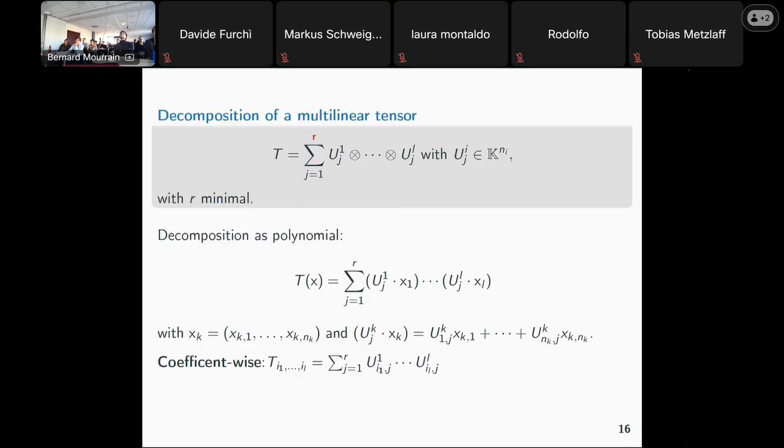And in terms of polynomials, it is like saying that the multilinear polynomial T(x) is the sum of the product of linear forms in the variables x1, x2, and where the coefficients of these linear forms are in fact the columns of the matrices U1, U2, etc.